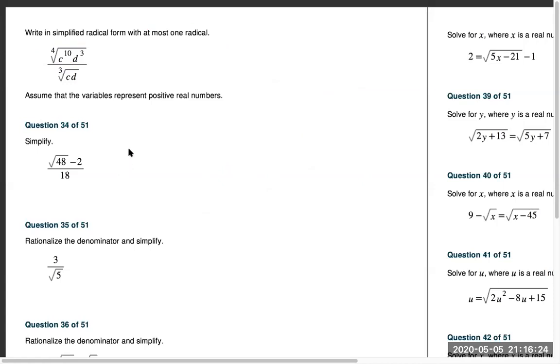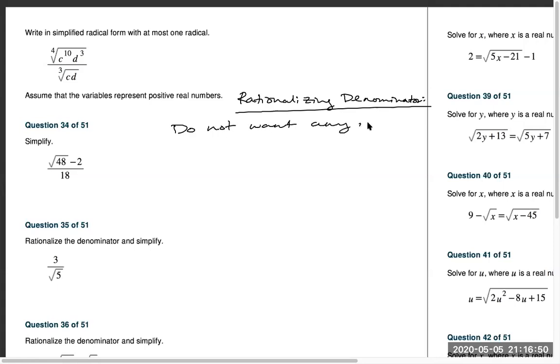Number 35 is next, rationalizing the denominator. So for this one, that means you do not want any radicals in your denominator.